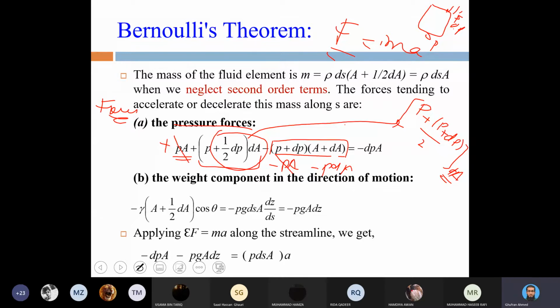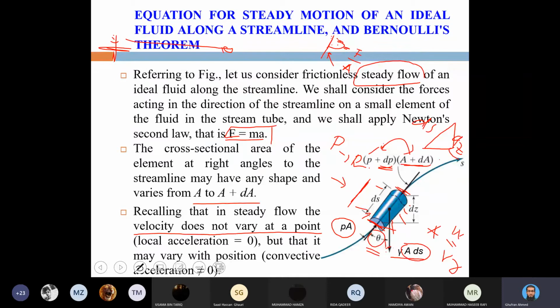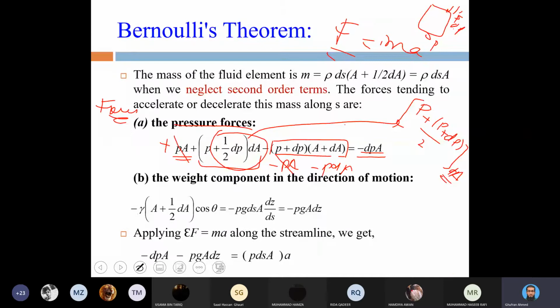When we neglect these higher order terms, our final output would be minus dP A. Okay, so this is the pressure force. The next force is the weight component, the weight force. Now, coming to this side, weight is gamma A ds.